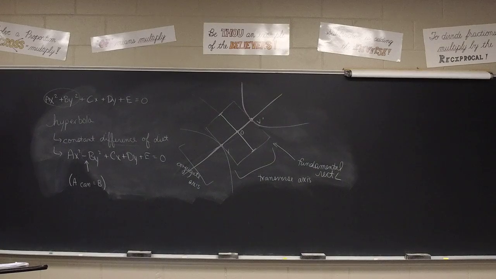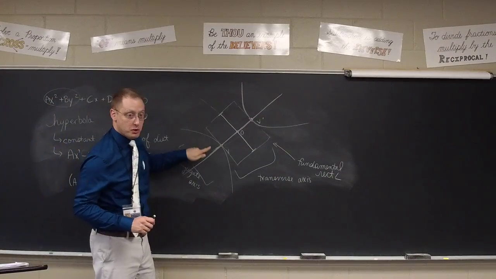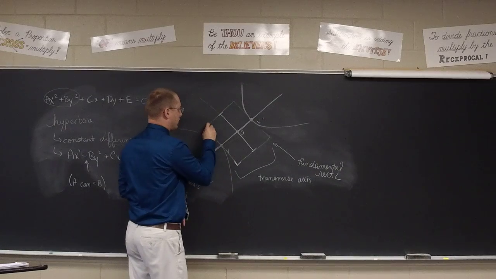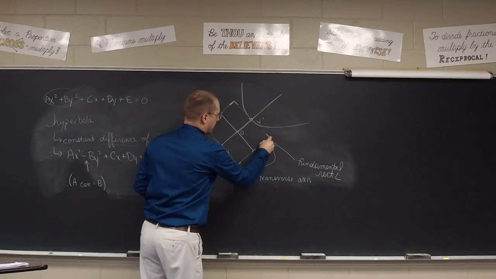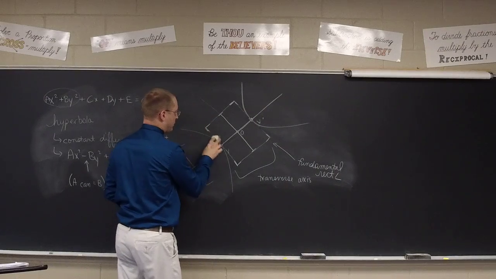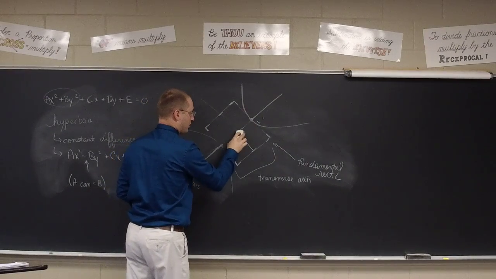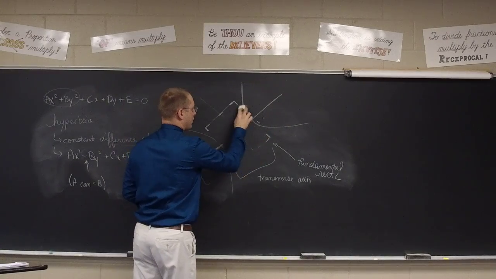This is not part of your hyperbola, but it's an important thing that'll help you graph the hyperbola, because really the only part of this you care about are these corners right here. I really don't care about anything else in the hyperbola. I don't even care about drawing this line per se, or this line. I care about only the corners.